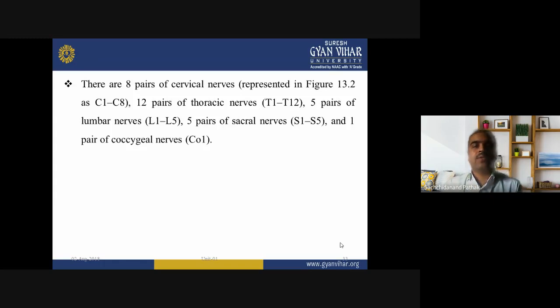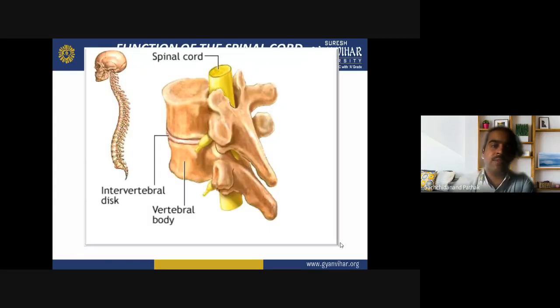So 8 + 12 = 20, 20 + 5 = 25, 25 + 5 = 30, and 30 + 1 = 31. So the spinal nerves are 31 pairs. You can see this is the structure of the spinal cord.